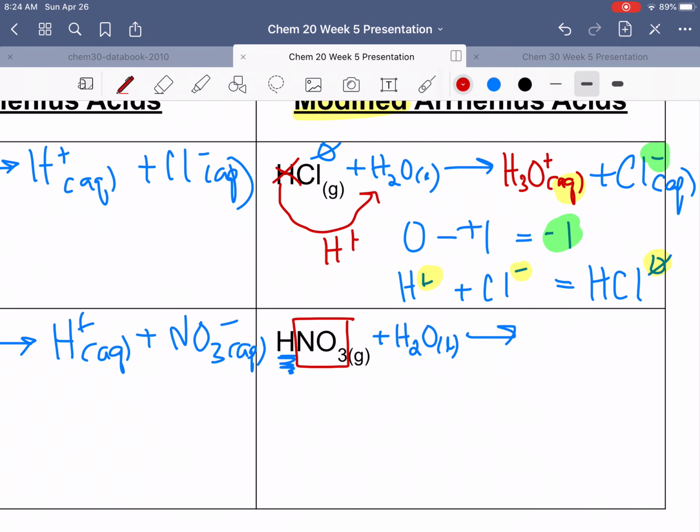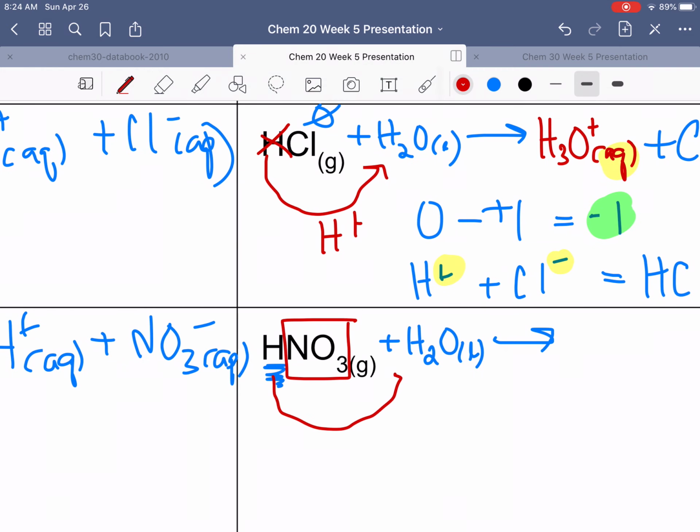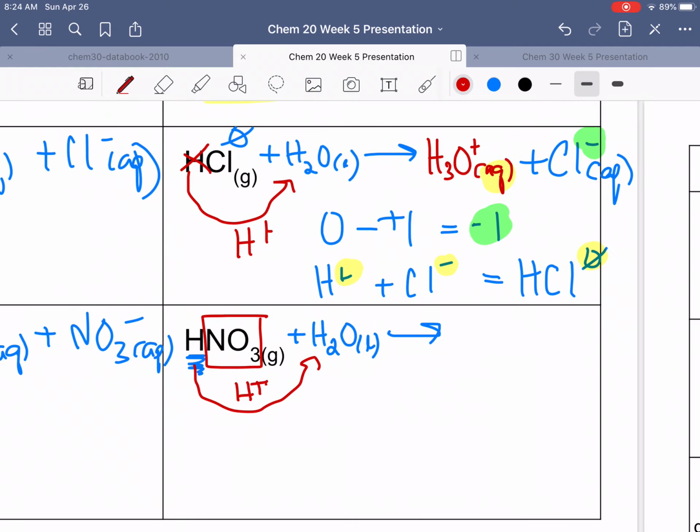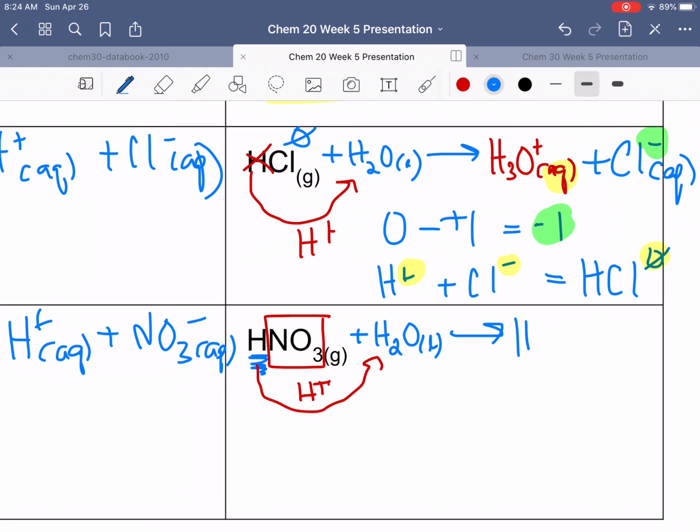Next step that you need to show is the proton transfer. That hydrogen, proton, H+, is going to move to the water, which means we are going to end up with the lovely hydronium. And with hydronium, if the hydrogen has left, you have this anion still there.